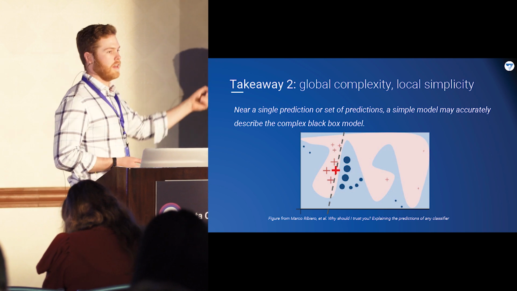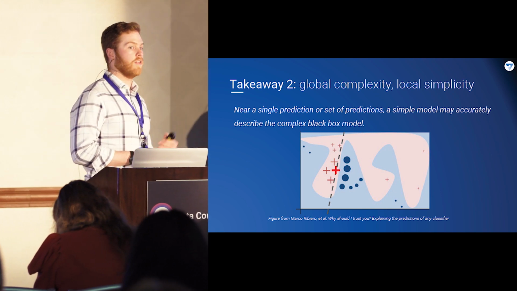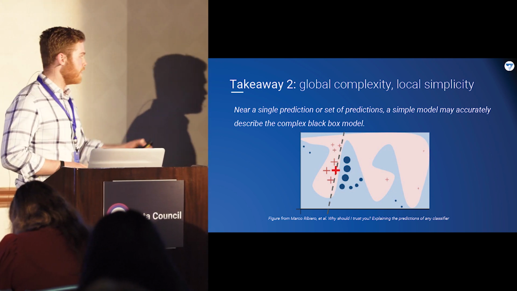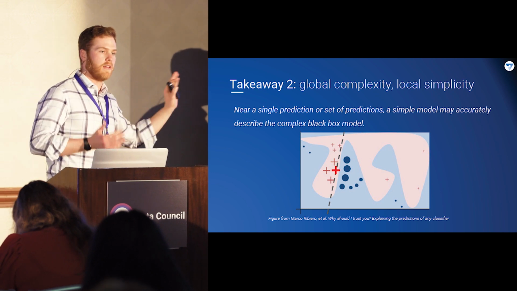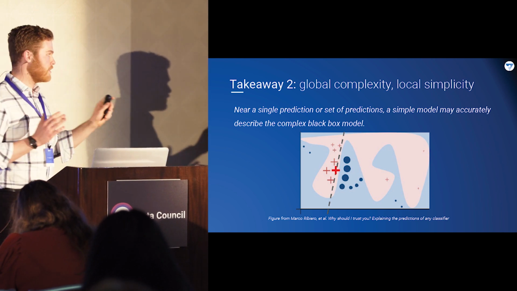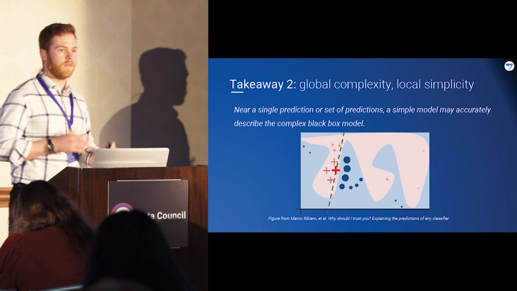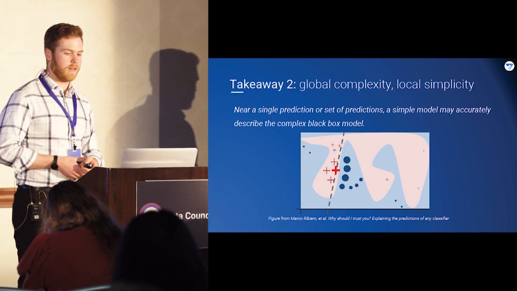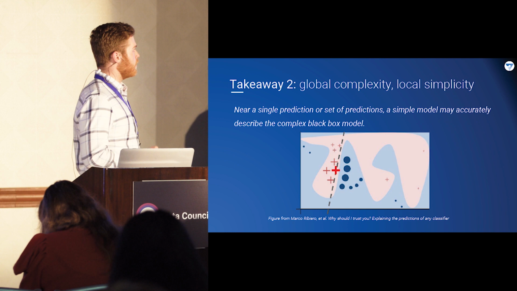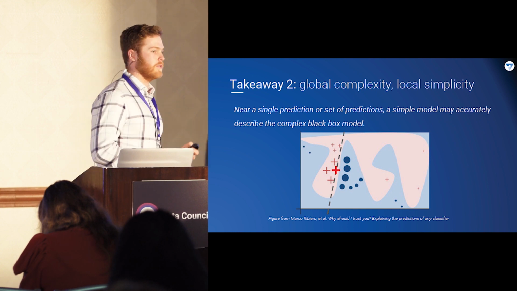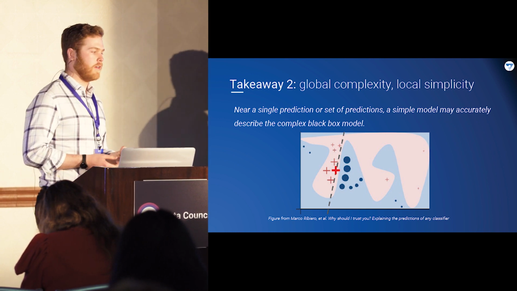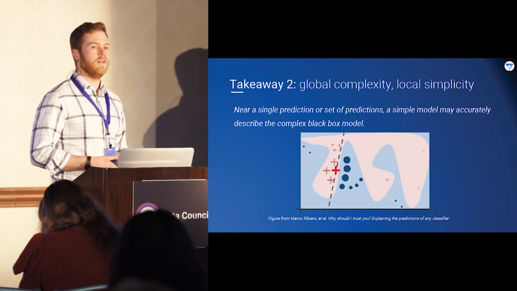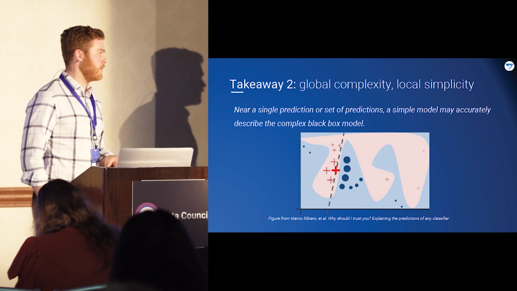So this is my rainy day example. If it's not raining, maybe there's other reasons driving sleeping in. But here, for rainy days, it becomes very simple. We can get a simple explanation, pass it to a person, get everyone on board and understanding what's going on. So this is this other idea of global complexity, local simplicity. Sometimes explanation can be a matter of finding a local area where we can achieve the simplicity needed for explanation.